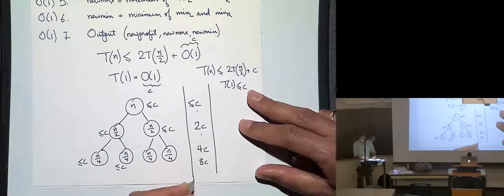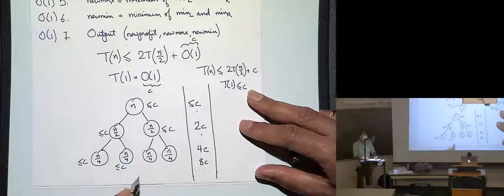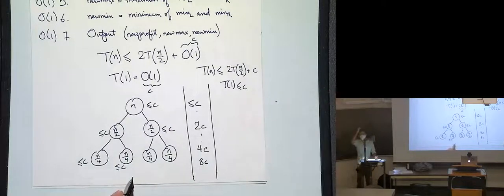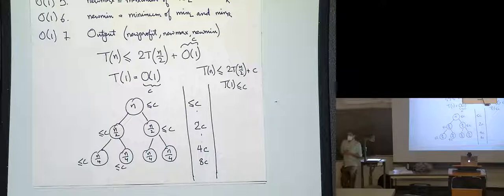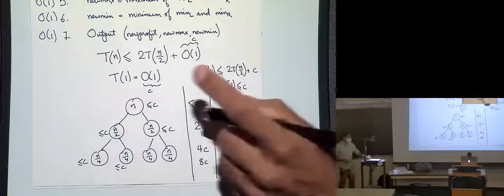What is it going to be in the very last level? 2 to the n minus 1 times C? Not 2 to the n minus 1. Why 2 to the n minus 1? Yeah, log. 2 to the log base 2 n. What is 2 to the log base 2 n? N, right?